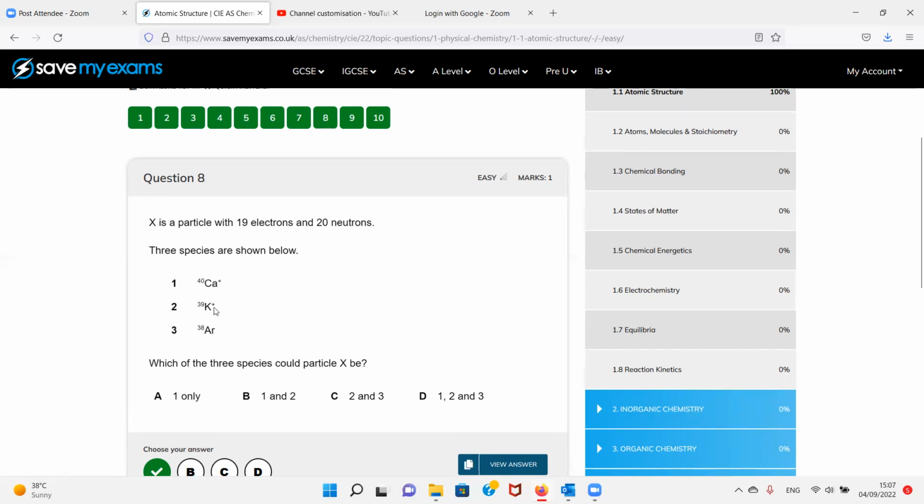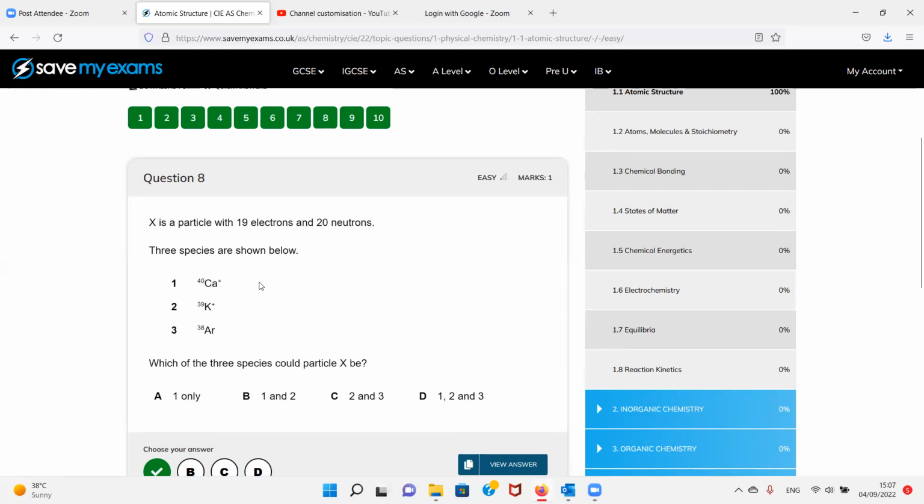So basically we know from the periodic table that calcium has 20 protons. We know that potassium has 19 protons, and we have argon as 18. So basically the only one that fits this criteria is calcium +1, because if you were to do the other ones, you will find that potassium has 18 electrons, not 19 as stated in the question, and also you will find argon has 18 electrons, not 19.